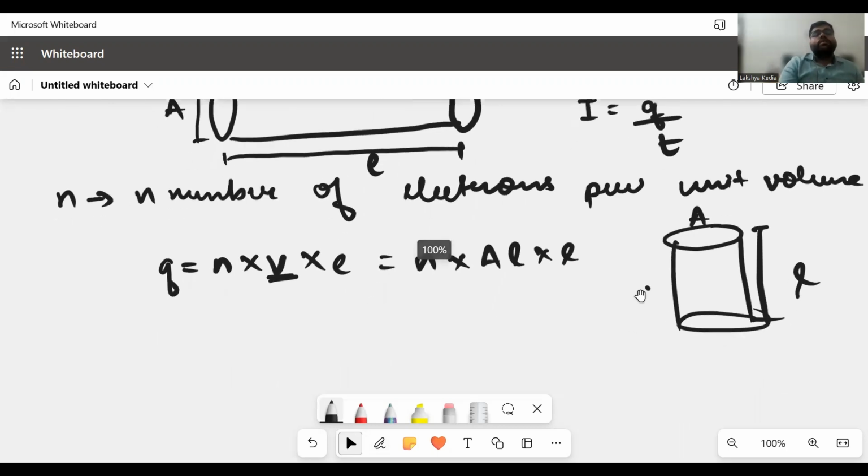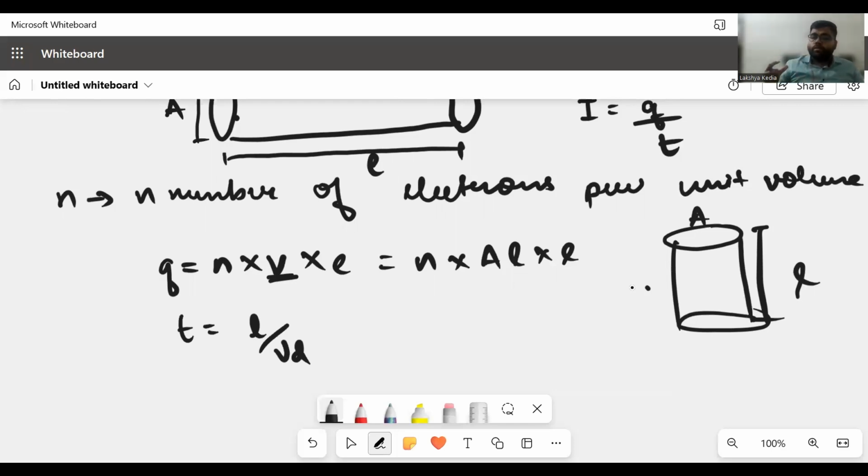Now we have found the value of Q. Now we need to find the value of T. So can I say the time is length upon drift velocity, right? The charges are going from one end to another end, so what will be the time taken by them?